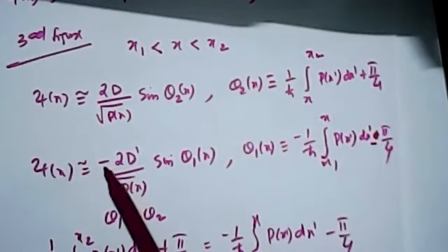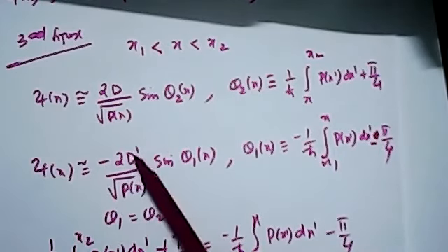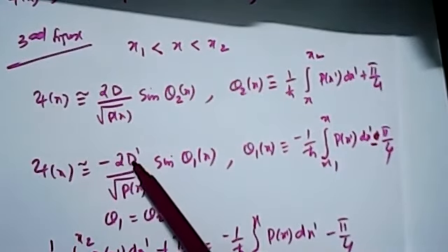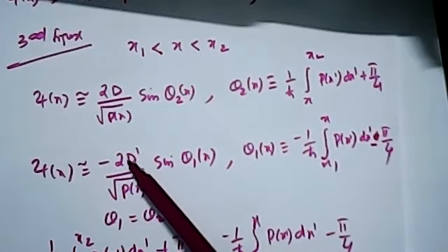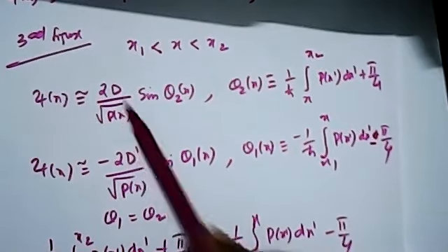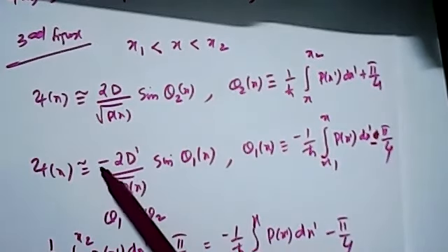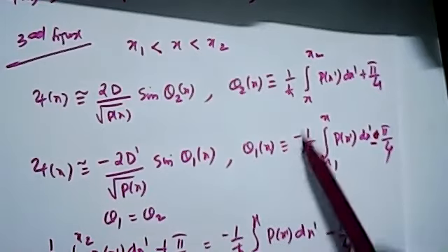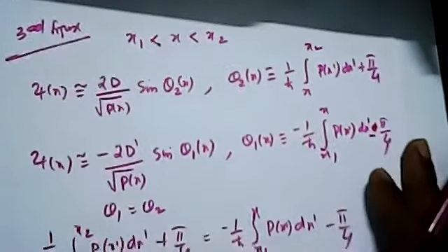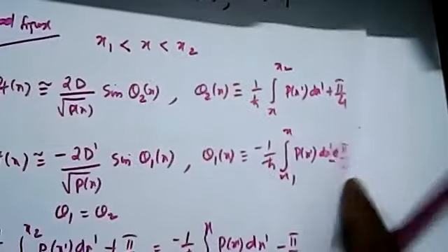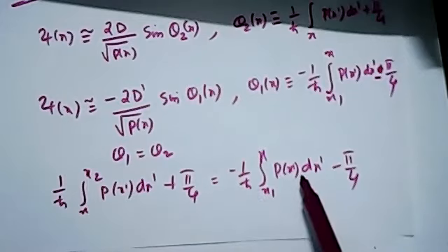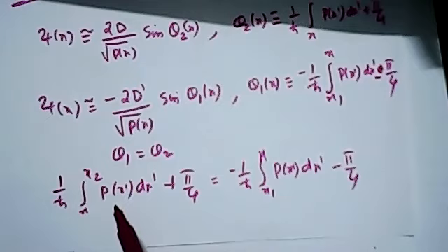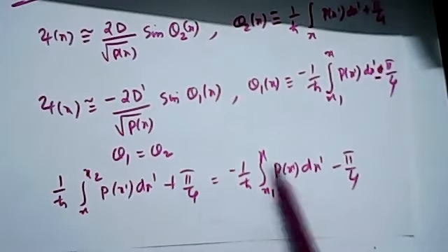Actually, there is a minus sign here, but that minus sign you can combine with the normalization factor D or D dash, so you are not considering this minus here. We are simply equating theta 1 and theta 2. Sorry, this is theta 2 and this is theta 1.